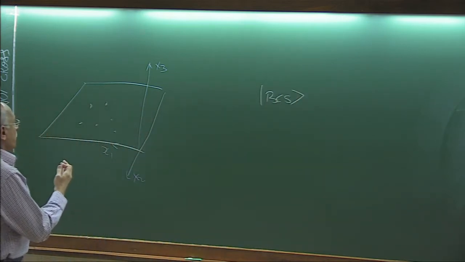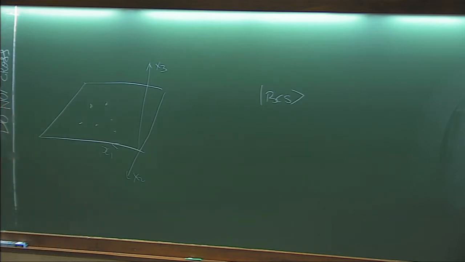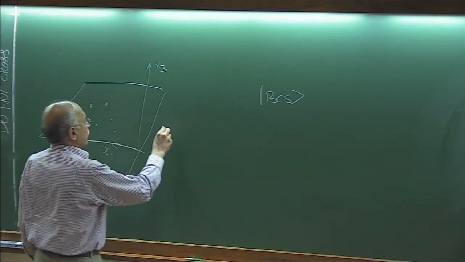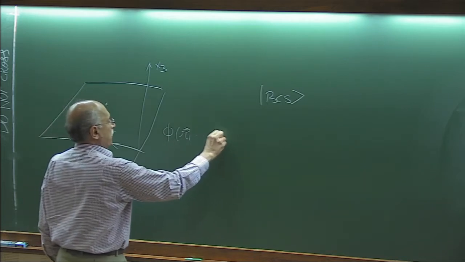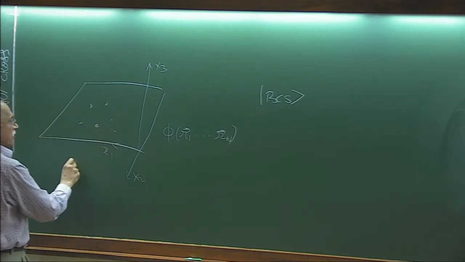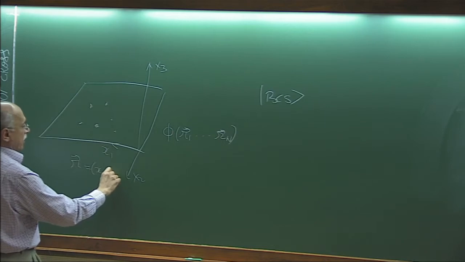It has got components with 2 particles, 4, 6, any number of particles, because it's a superposition of different numbers. In particular, it's got a wave function in a sector with n particles. R are these points here. The R that I'm talking about is the mixture of X1 and X2.